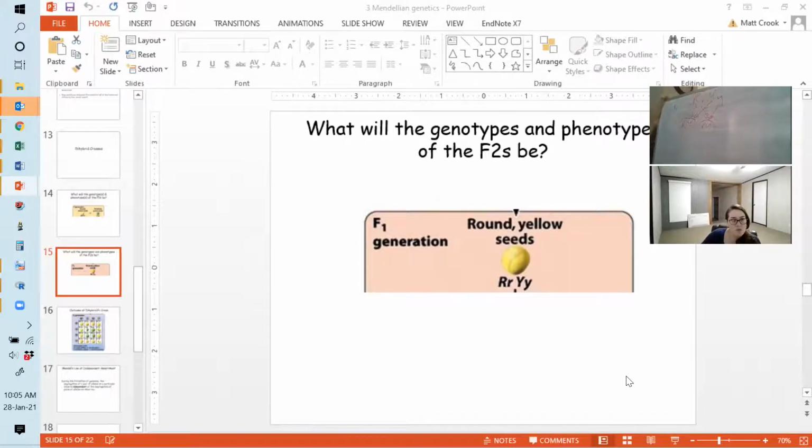But that doesn't just occur twice, because you can also have your big R and little r over here, and your little y and your big Y.